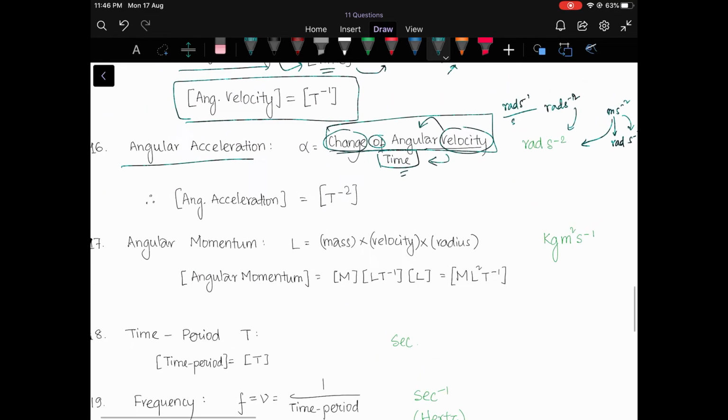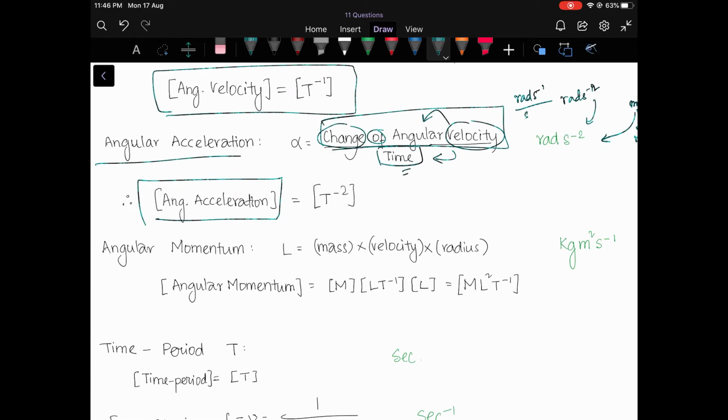You can check again. If I want to find the dimension of angular acceleration now, I must write the dimension of change of angular velocity, that's your T⁻¹, divided by the dimension of time, so we have time T. That's why when I write this, it's going to look like T⁻¹. This goes up here, again looks like T⁻¹, so we get T⁻² as the dimension of angular acceleration.